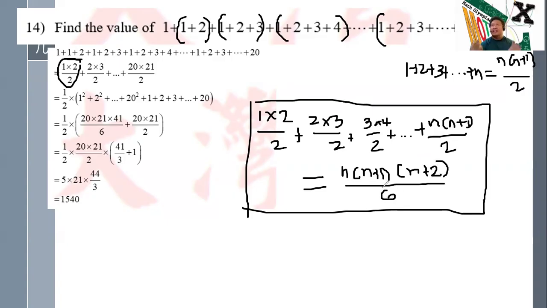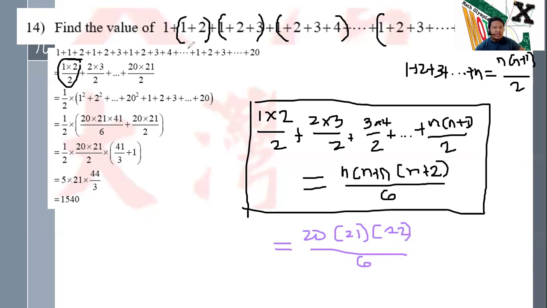If you're adding the sum of consecutive numbers, as you can see, n times n plus 1 times n plus 2. For this case, your n is 20, since we're adding until 20. So we have 20 times 21 times 22 all over 6.